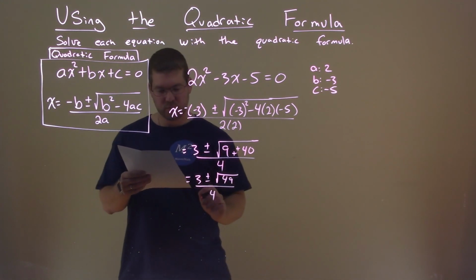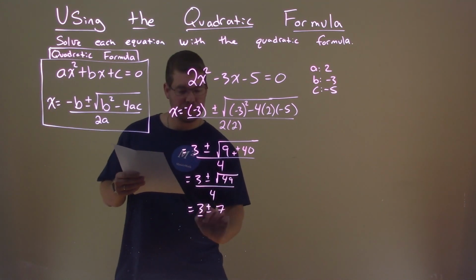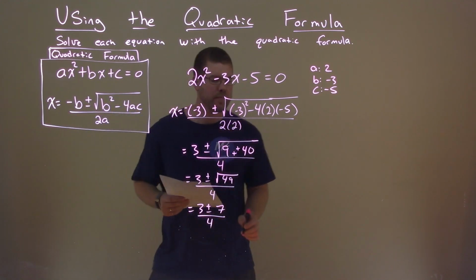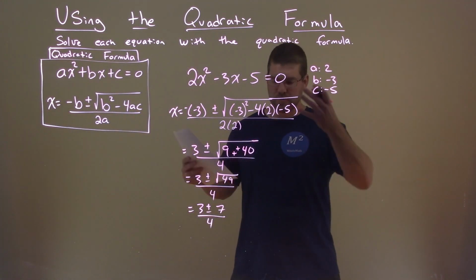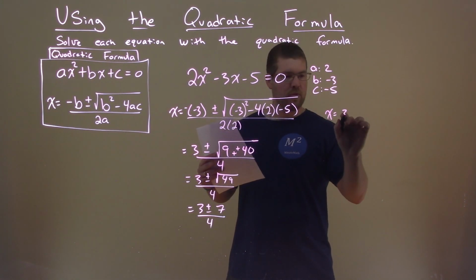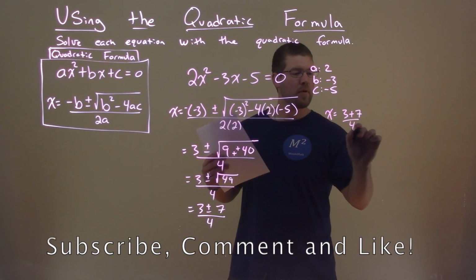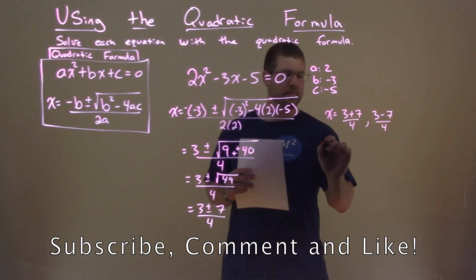Keep simplifying. Square root of 49 is 7. And at this point, we have 3 plus or minus 7 divided by 4. Let's break this into two parts, the plus and then the minus. So x equals 3 plus 7 over 4, and x equals 3 minus 7 over 4.